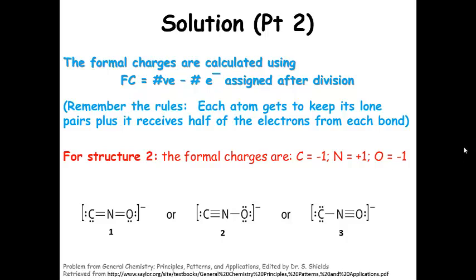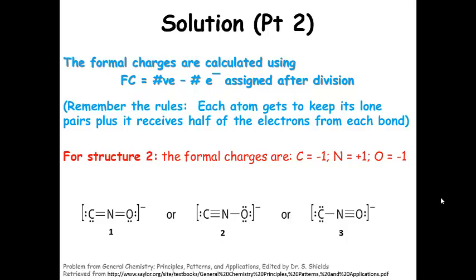Okay, so for structure 2, did you get the right answer? For carbon, it comes out to -1: 3 electrons from this triple bond plus 2 from the lone pair. Carbon has 4 valence electrons, minus 5 after assigning, so that's -1. Nitrogen comes out to +1 also: 3 from the triple bond, 1 from the single bond, and it has 5 valence electrons minus 4 assigned after the division, so that's +1.